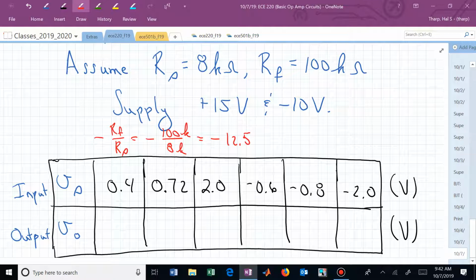And this is an inverting amplifier. This is now minus 12.5. What did you get for 0.4 volts? What was your answer? -5? Really? -5? Okay, now we're inverting. Scaling was correct, 0.72. -9, 2. -25.